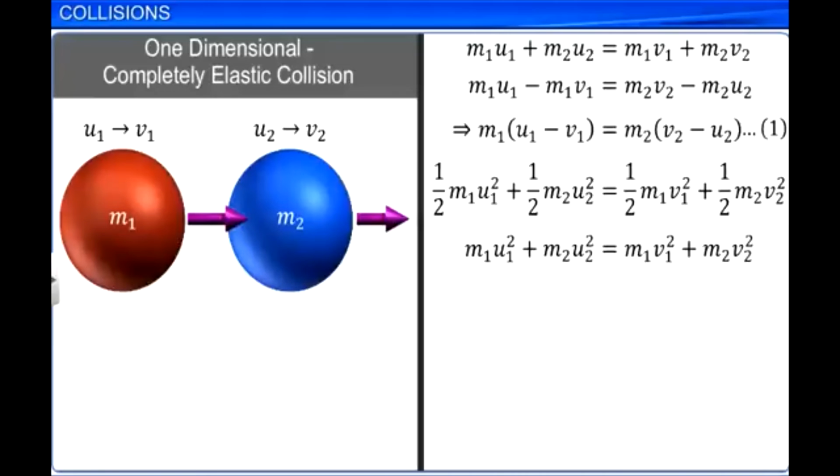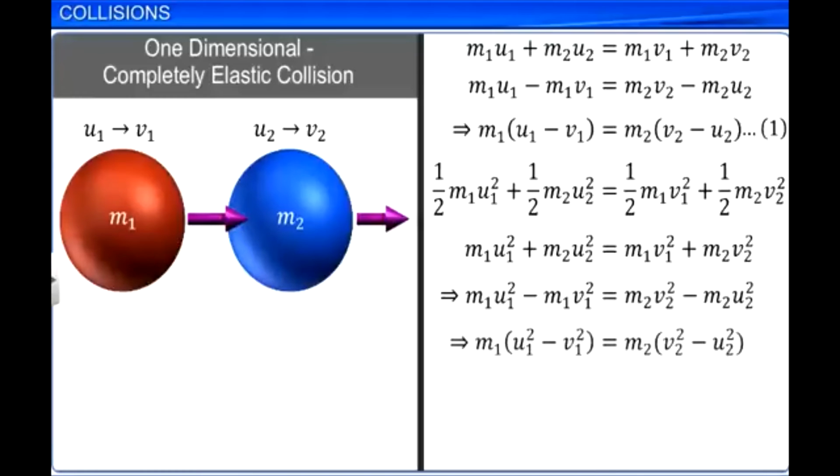On rearranging the terms and simplifying, we get m1 into (u1 square minus v1 square) is equal to m2 into (v2 square minus u2 square). On further simplifying, we get m1 into (u1 minus v1) into (u1 plus v1) equal to m2 into (v2 minus u2) into (u2 plus v2). Let this be equation 2.